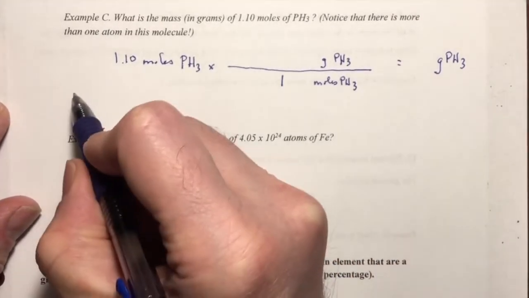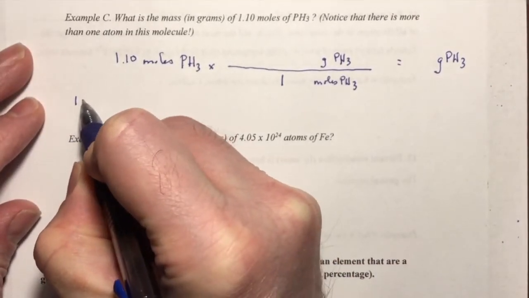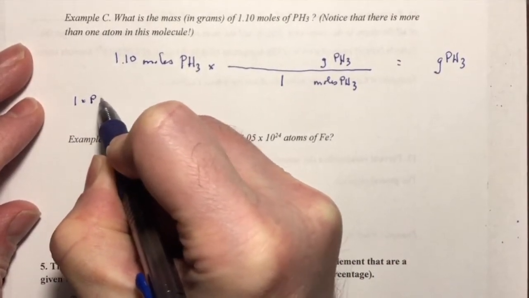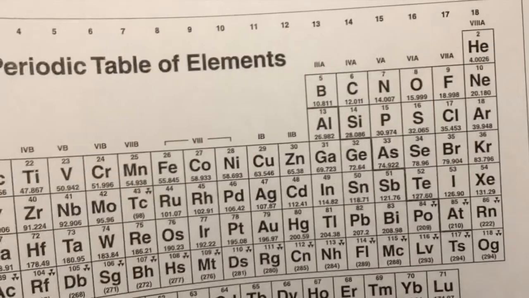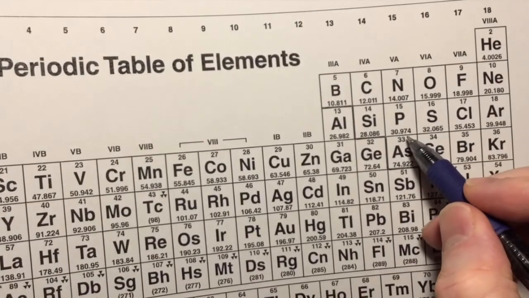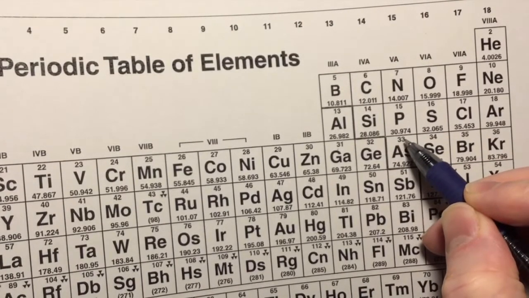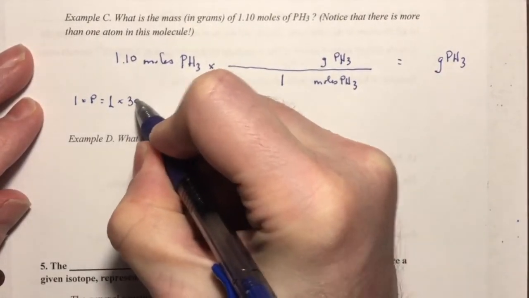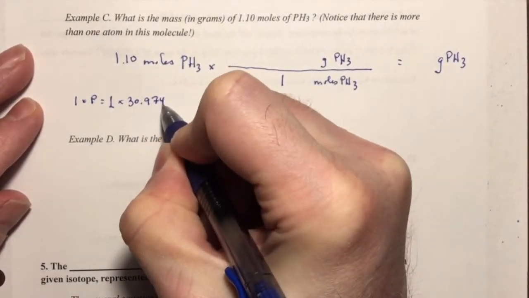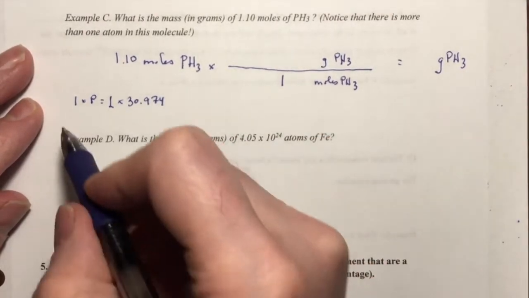So in PH3, I've got 1 times phosphorus, and what is the atomic mass of phosphorus? It's 30.974 grams per mole.